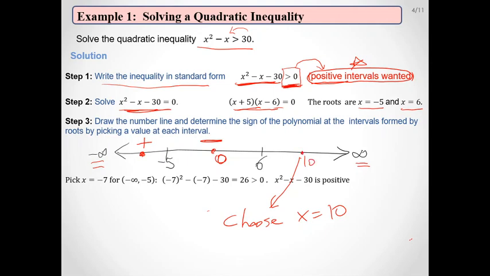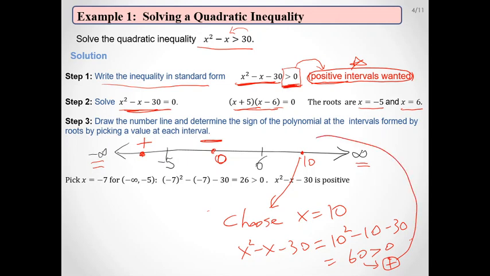Choose any point. Substitute this in the polynomial for x. So this is equal to 100 minus 10 minus 30, which makes 60. So 60 is bigger than 0. It's positive, you see. So the signs are plus, minus, plus.